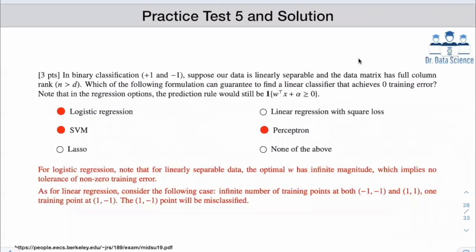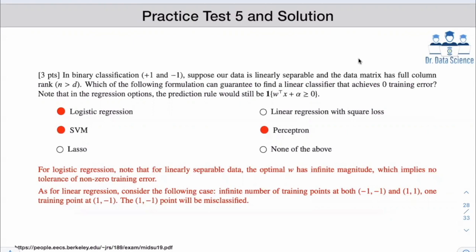So now let's look at this practice test. In this case, we have a binary classification, and the labels are +1 and -1. As we mentioned earlier, it doesn't matter what values we assign to them, because the whole idea is that we just need to assign two distinct numbers. So either 0 and 1, -1 and 1, or if you want, you can call them 10 and 20.